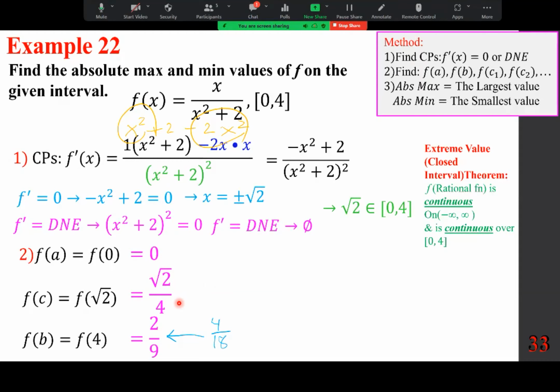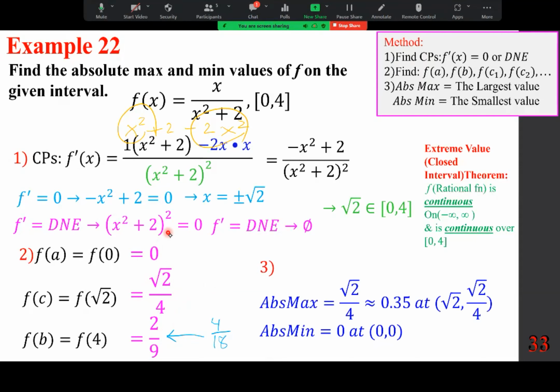So the largest value is this one. The smallest value is this one. And here's the writing. Absolute max is square root of 2 over 4, or 0.35, at this pair, precisely, and absolute min is 0 at this pair, 0, 0. Pretty straightforward, everybody.